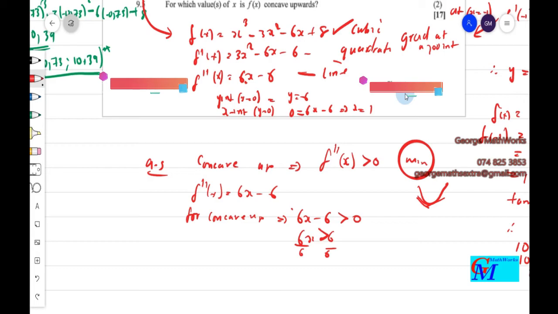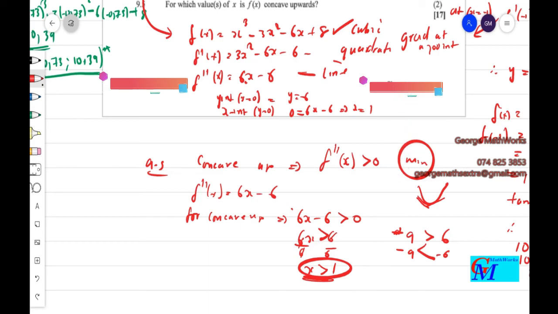In the notes we said you deal with inequalities the same way we deal with equations, except for one rule: if you divide both sides of an inequality by a negative, let's say we have 9 is greater than 6, which is true, if I divide by a negative, I have to reverse the inequality. Here, I just divided by a positive, and I got x is greater than 1. So x greater than 1 represents the values which are causing concave up.